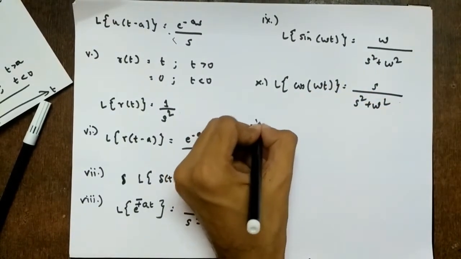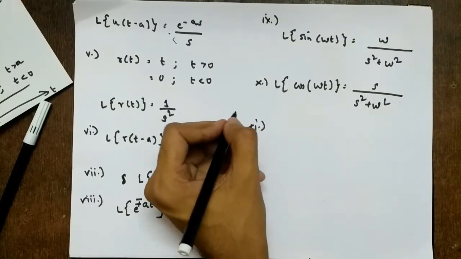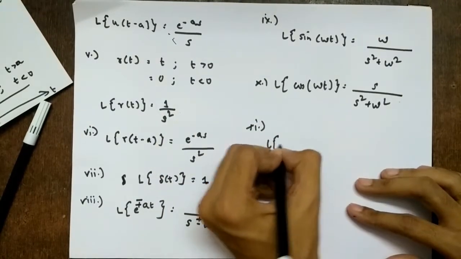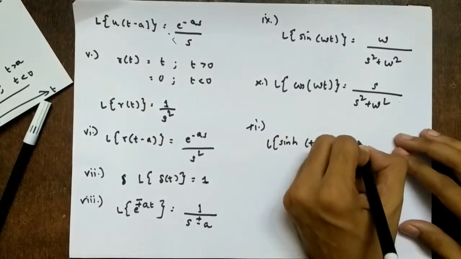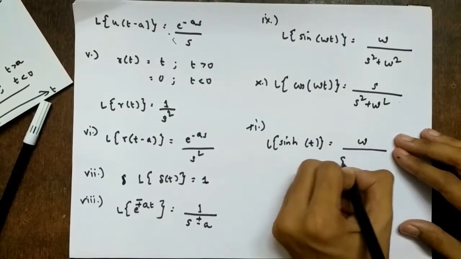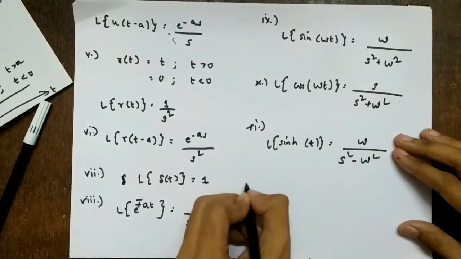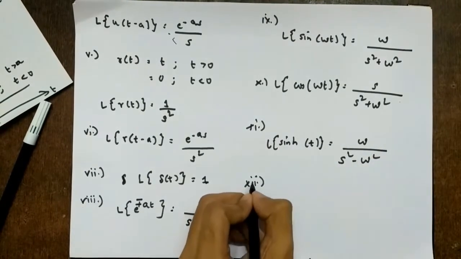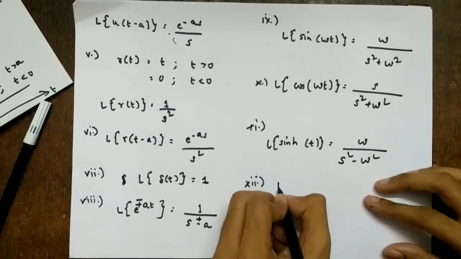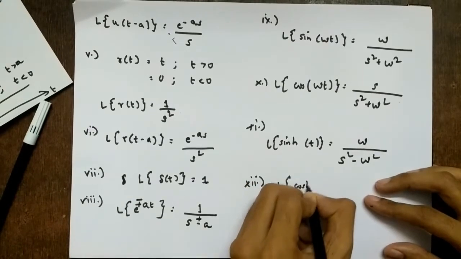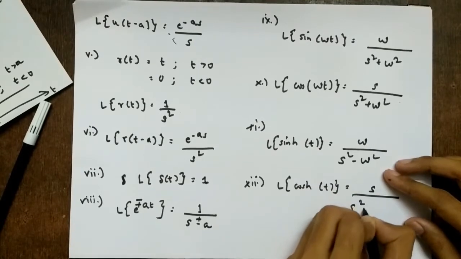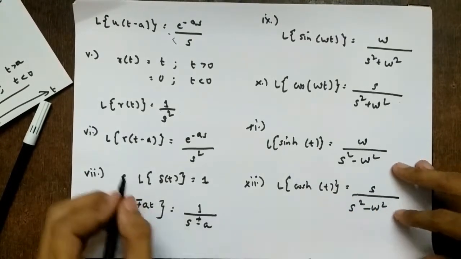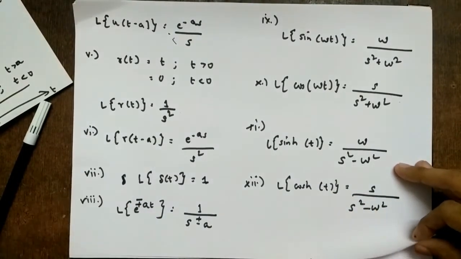Finally, the last two are the hyperbolic functions. The Laplace transform of sine hyperbolic of omega t is the same but with a minus sign: omega upon s square minus omega square. You can guess what it will be for cos hyperbolic. The Laplace transform of cos hyperbolic of omega t is s upon s square minus omega square. So these are the standard Laplace transforms.